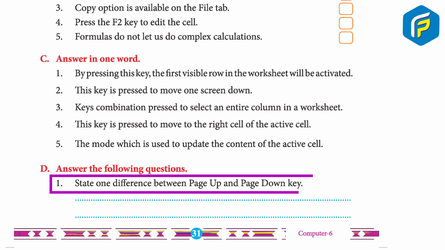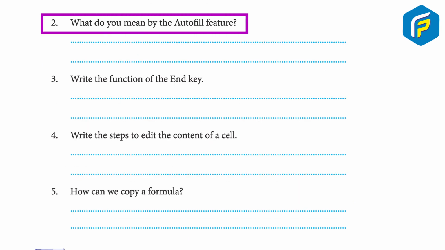D. Answer the following questions. 1. State one difference between Page Up and Page Down key. Answer: Page Up. To move one screen up, we can press the Page Up key. Page Down. To move one screen down, we can press the Page Down key. 2. What do you mean by the autofill feature?